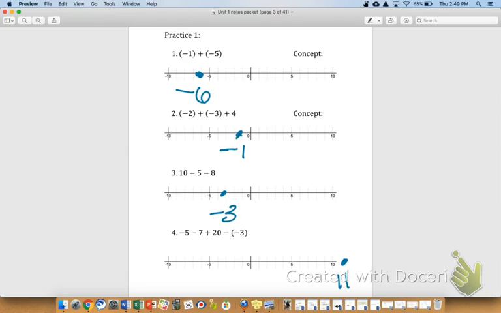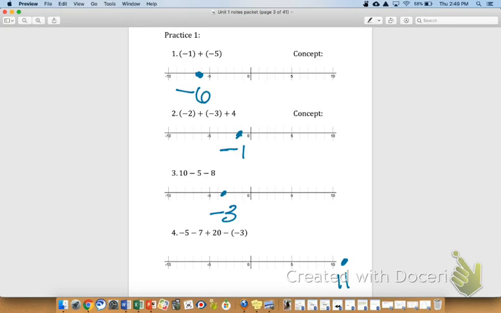Number 3. 10 minus 5 is 4. Oh, did you say 10 minus 5 was 4? Okay. And that's where that discussion would happen, right? So you can always say, Ella, I see that you got -3 for number 3, but I got -4, right? And we have that little discussion, and she's like, but wait a minute, 10 minus 5 or whatever. And we have that discussion, and it's all good.